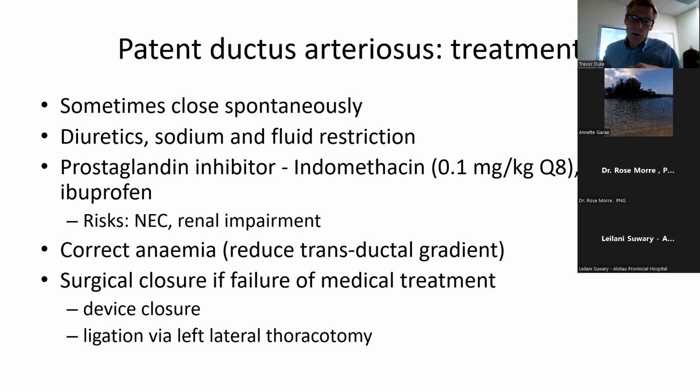It reduces the amount of flow from the left side to the right side of the heart, from the aorta to the pulmonary artery, because the pulmonary vascular resistance is elevated. And most of the congenital forms that you see in older children, if they're in heart failure, will require surgical closure so that they don't go into pulmonary congestion or pulmonary hypertension.